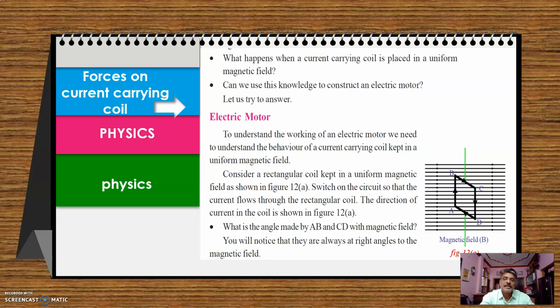Now, extending this logic to the electric motor, and here you have a motor, in the sense a coil, and it is kept in a magnetic field. And here we have to decide and satisfy ourselves what are the various directions of the forces experienced by AB, BC, CD, and DA portions of the coil.